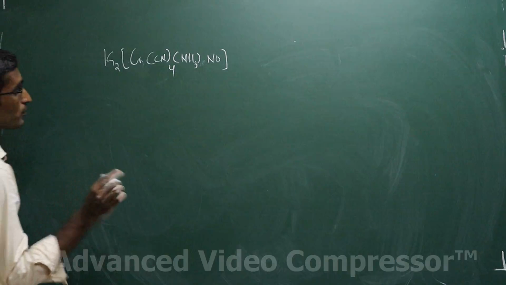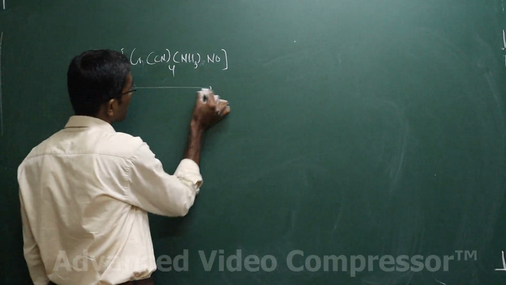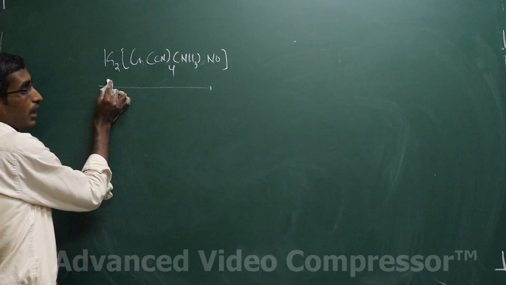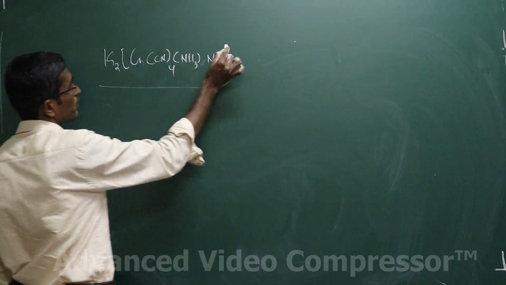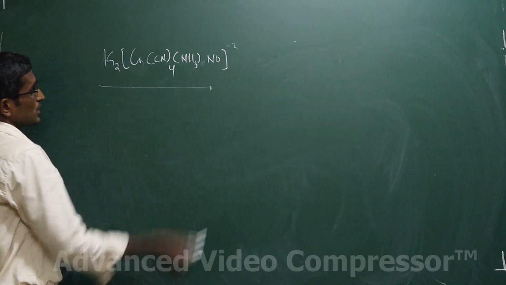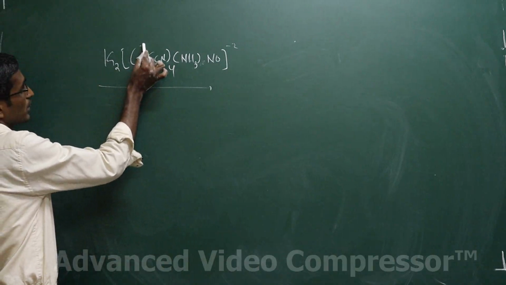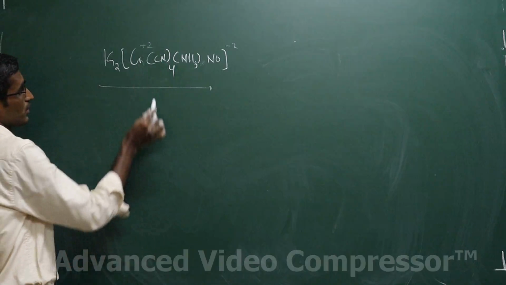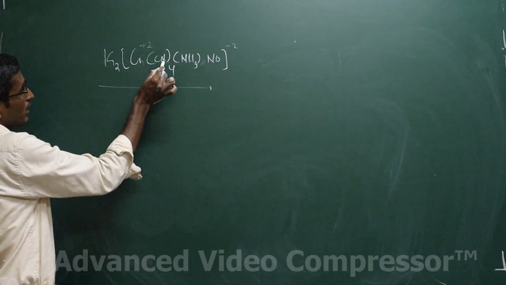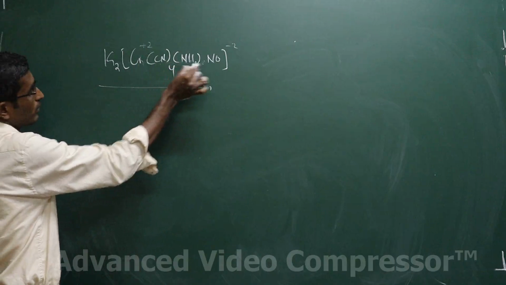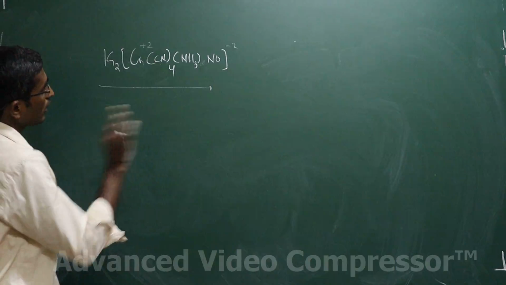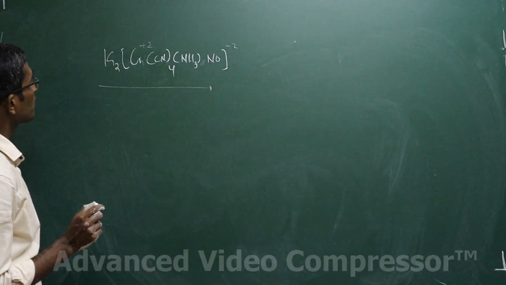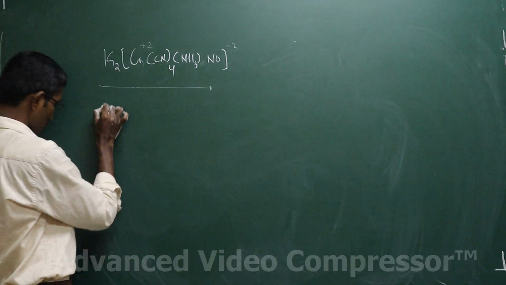How do you name this? Go ahead. Start from left to right, because it is an anionic complex. The charge of the complex is -2, so the chromium should have a +2 charge, student, because you have CN four times giving -4. All these are neutral ligands: NO is neutral and ammonia is a neutral ligand. How do you go ahead with this?